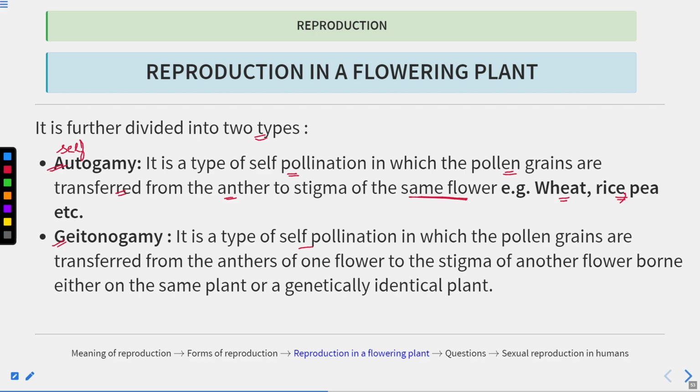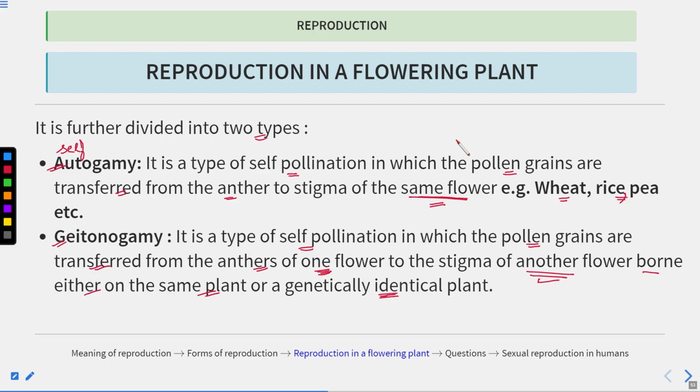It is a type of self-pollination in which the pollen grains are transferred from the anthers of one flower to the stigma of another flower. I've already told you the pollens can be transferred to the same flower, or they can be transferred to the stigma of another flower, which is born either on the same plant or on a genetically identical plant.